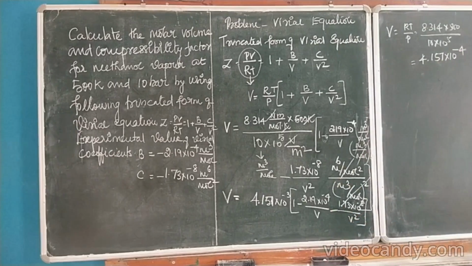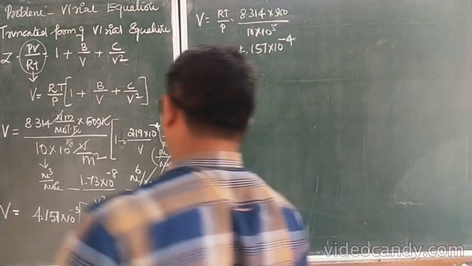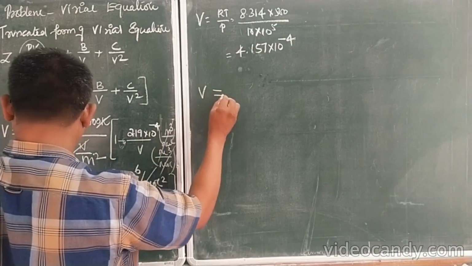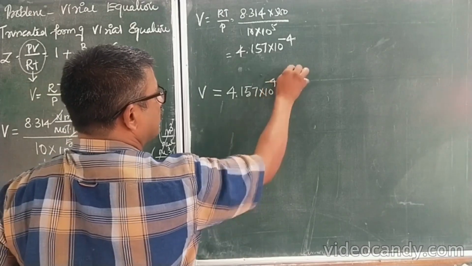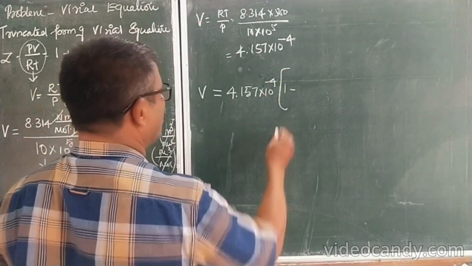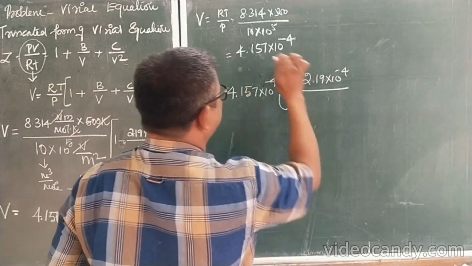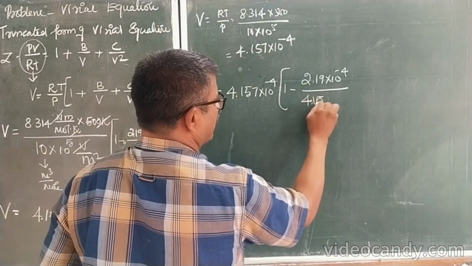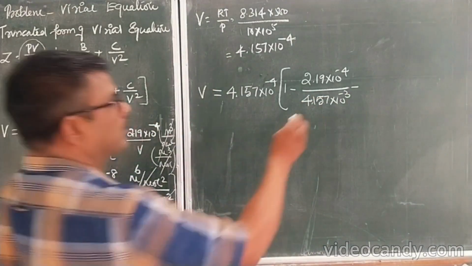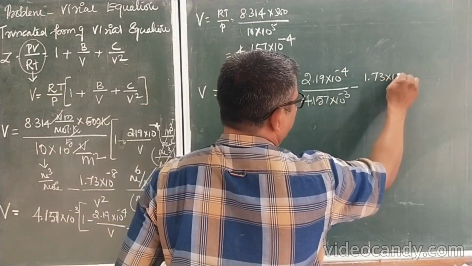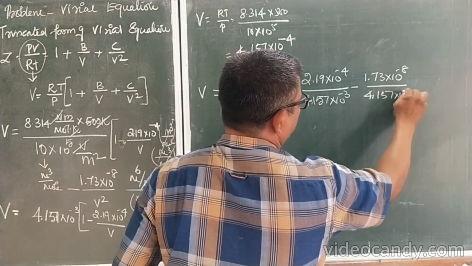Okay. That is V is equal to 4.157 into 10 to the power of minus 4, 1 minus 2.19 into 10 to the power of minus 4 divided by this value, 4.157 into 10 to the power of minus 3 minus, what is the value? 1.73 into 10 to the power of minus 8 divided by 4.157 into 10 to the power of minus 3.